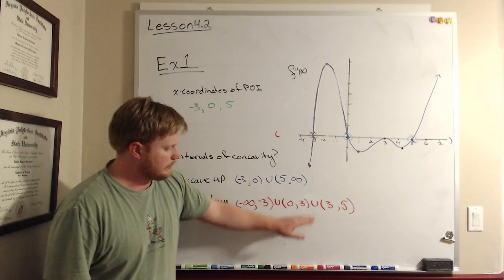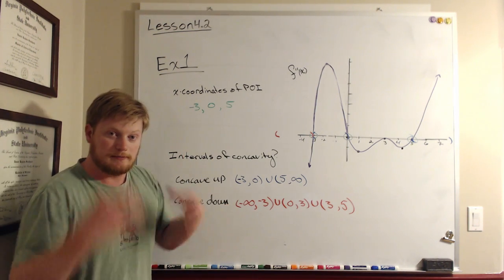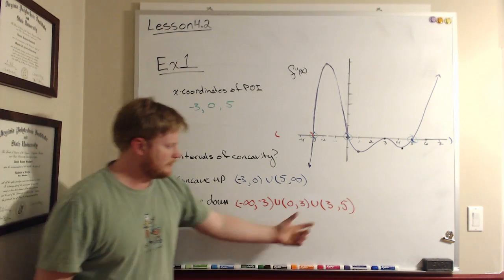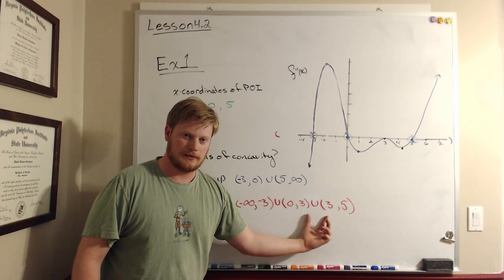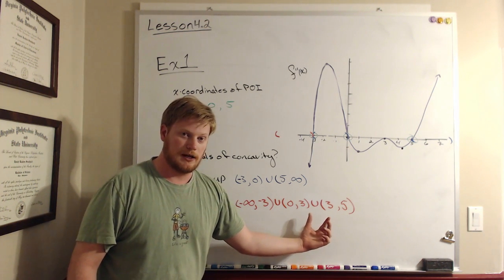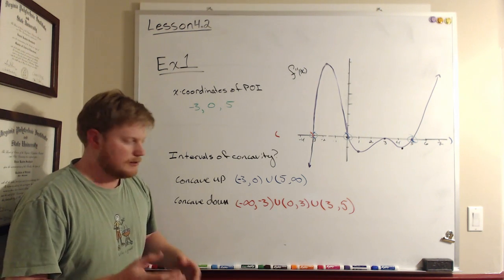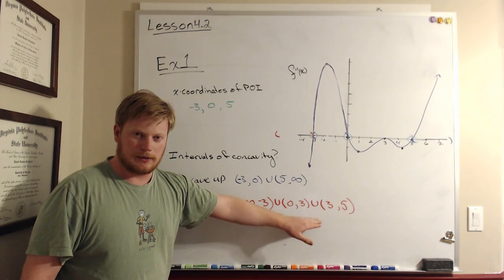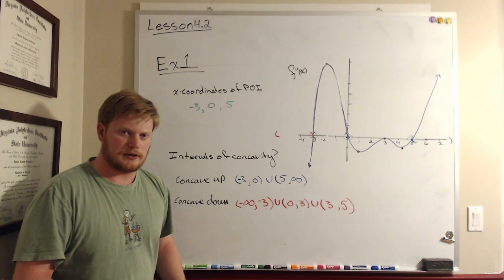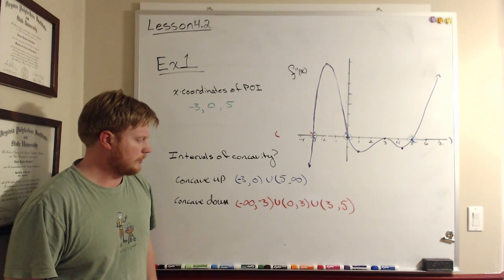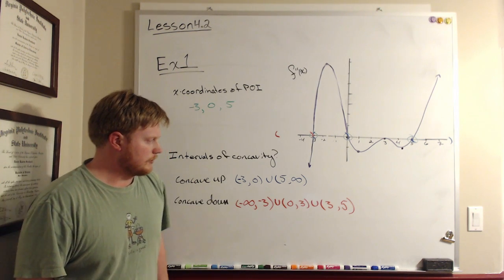Now that's one of those things I said there are many schools of thought. My school of thought is that there is no concavity at 3. So that's how I'll be grading. Okay. The AP test, it depends. They'll give you credit for this because they understand that there are various schools of thought. So it just depends on what textbook you're using.